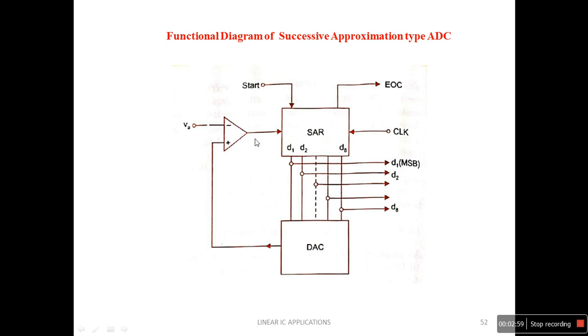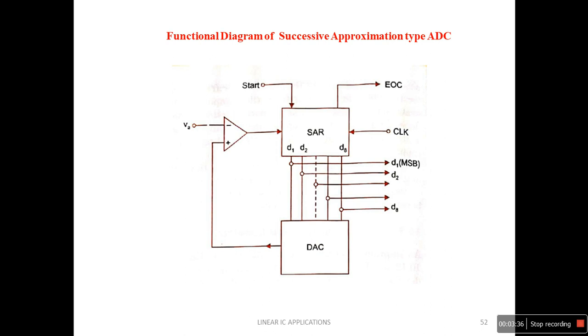The output of the comparator is a serial data input to this successive approximation register, till the digital output of this DAC is equivalent to the analog input value which is to be converted. The SAR adjusts itself. That means until the output of the DAC becomes equivalent to the analog input voltage, the SAR adjusts its bits itself.